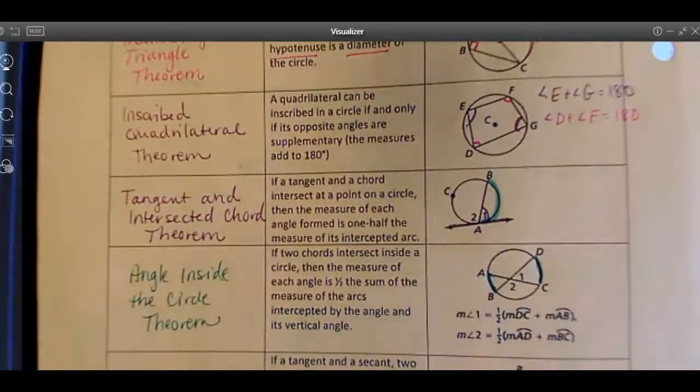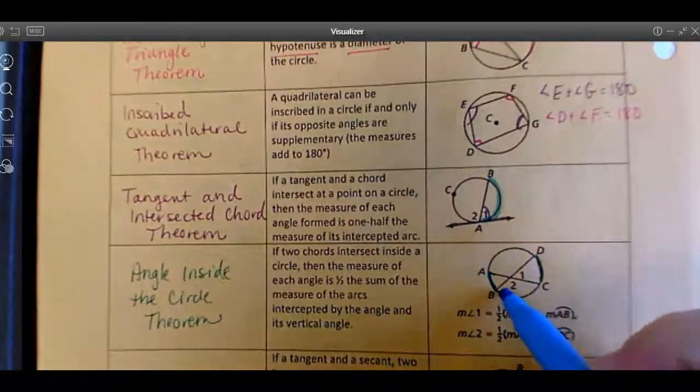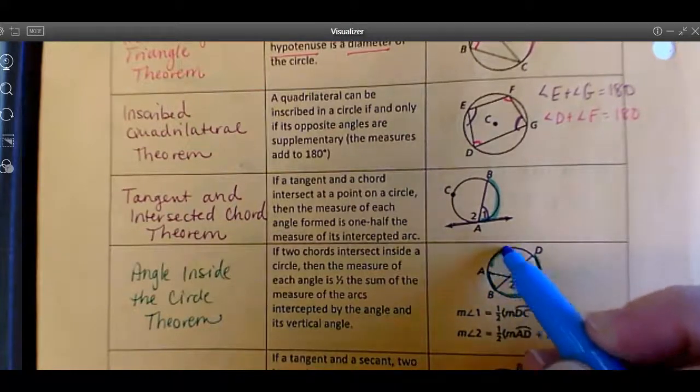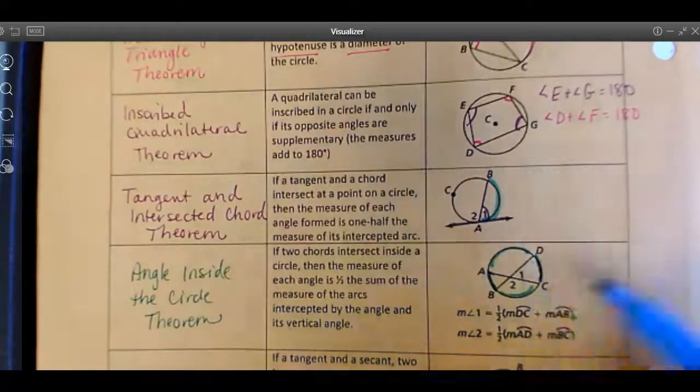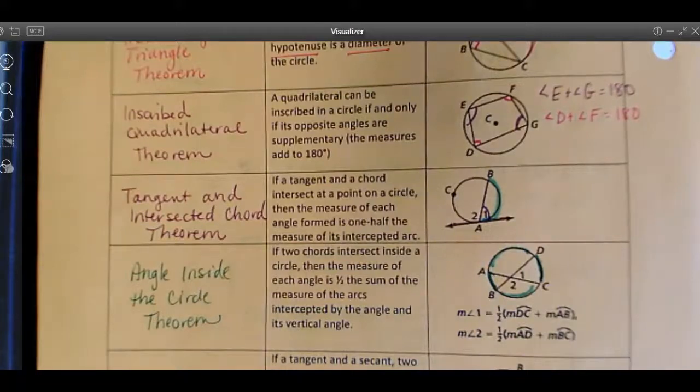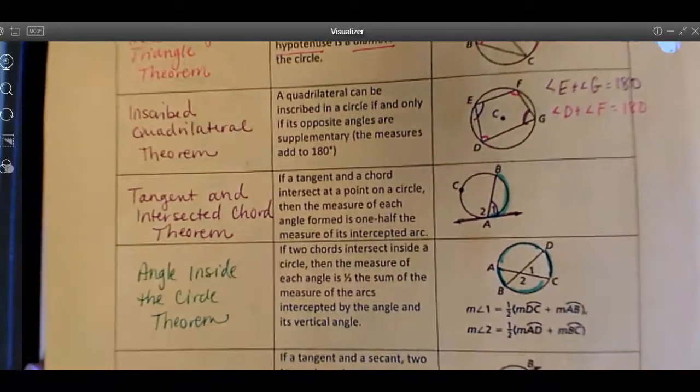If I want to find angle 2, I take the two arcs around angle 2, add them together, and multiply by 1/2. Okay? The problem is not going to be a hard problem. You just have to know that formula and know how to use it. And we'll do some problems like it as well.